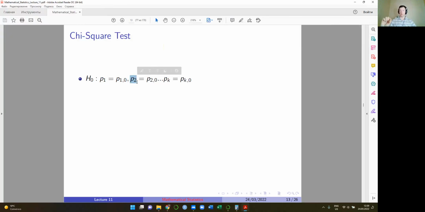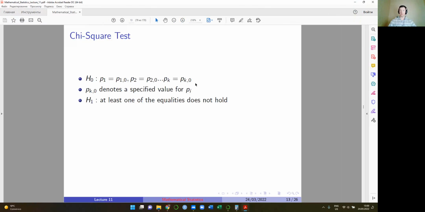The probability to fall into the second cell is p2,0. Again, that means this probability equals some other number, 0.5. And the probability to fall into the kth category equals also some number. Yes, pk0 denotes a specified value for pi. The alternative hypothesis is such that at least one of these equalities does not hold. At least one probability is not equal to the stated value.